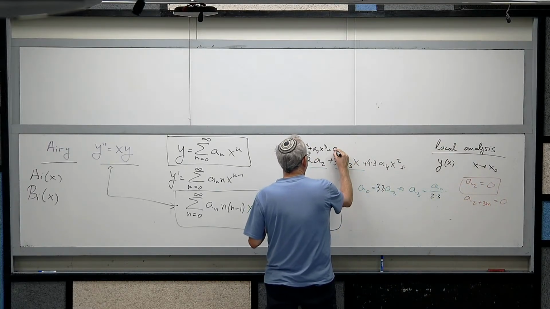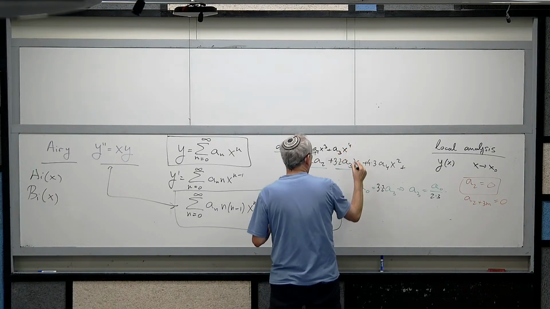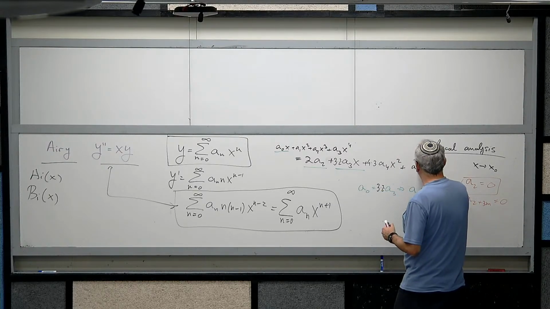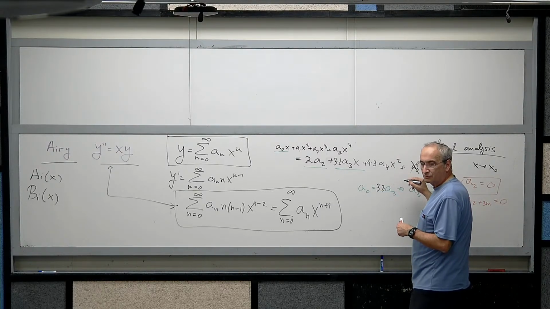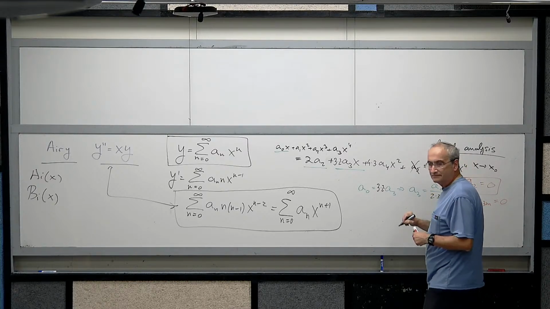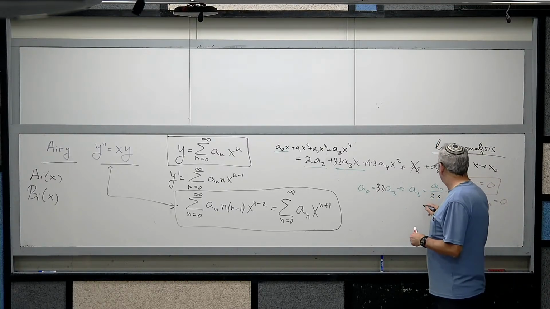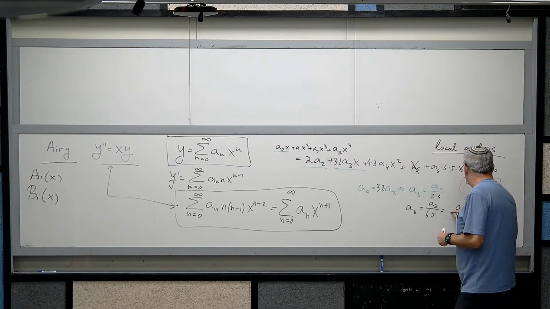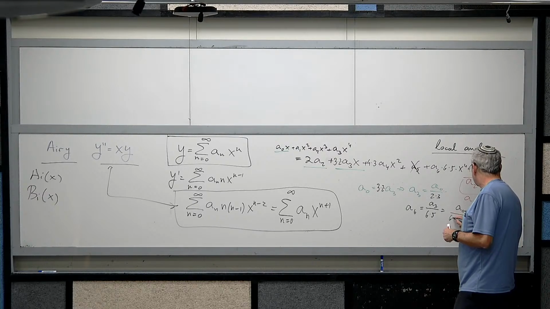So here we have a3 x to the 4, and here we have something that goes like a5, which we already decided to be 0, plus a6 times 6 times 5 times x to the 4. Right? So this implies that a6 is a3 divided by 6 times 5, which is a0 divided by 6 times 5 times 2 times 3.